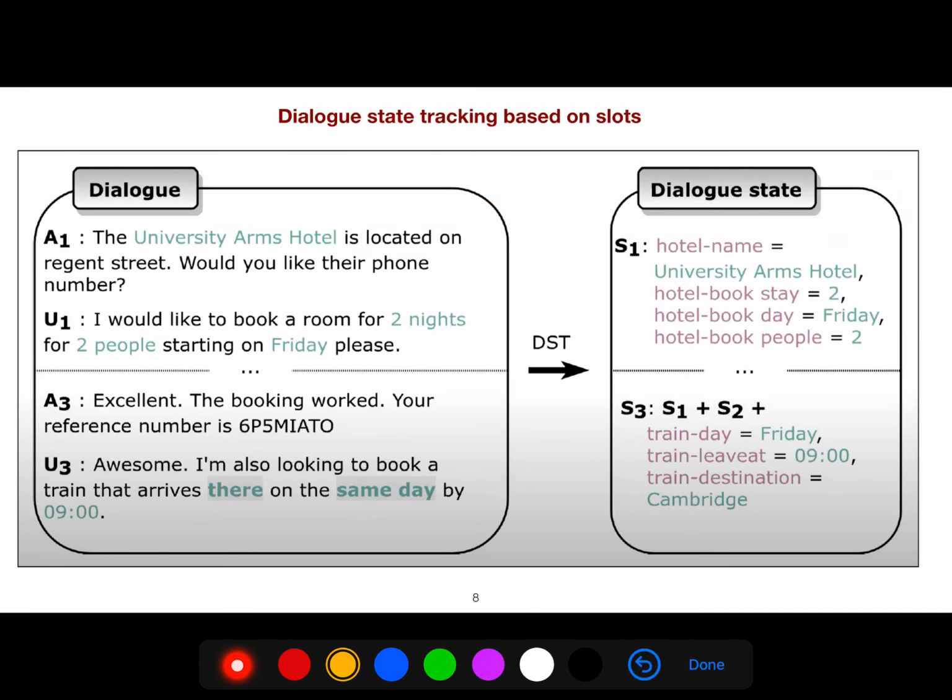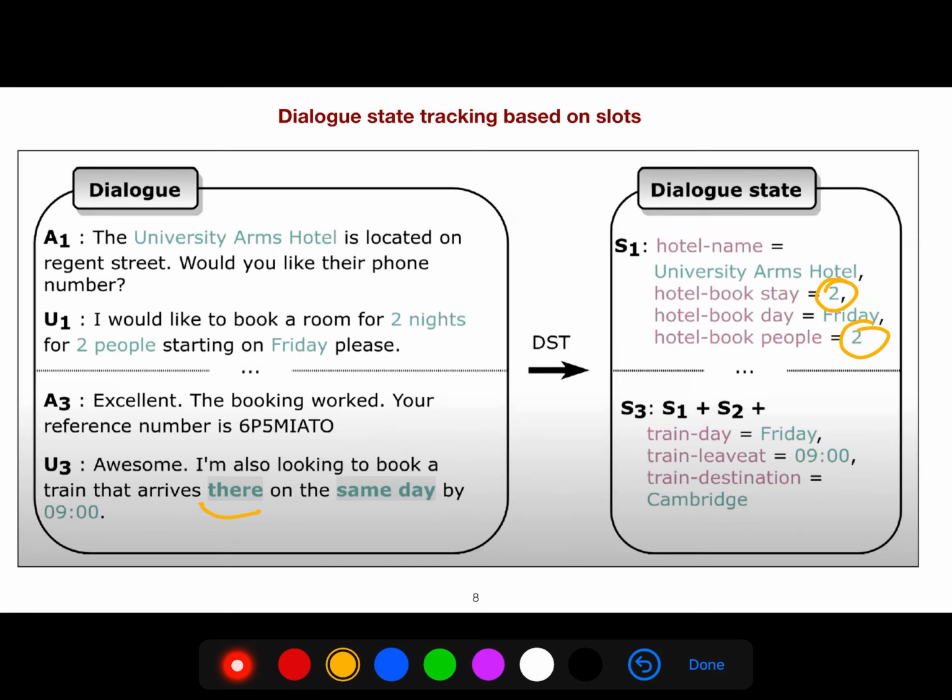You have a dialogue, you say, for example, I would like to book a room for 2 nights, and then it tracks the state. So 2 rooms for 2 people and those things. But the thing that I want to focus on is that it also understands something that is related to previous turns.